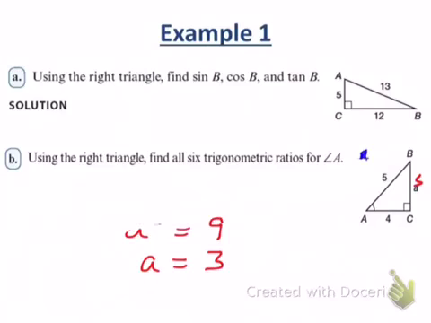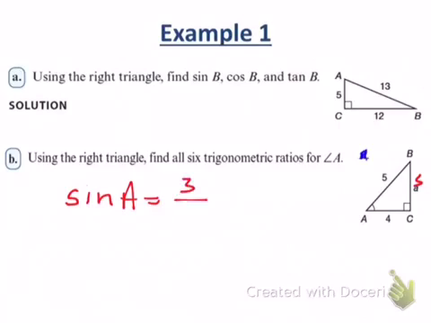Okay, and so we could do sine of the angle A. Sine of A equals what? Sine is opposite over hypotenuse. So which side is opposite A? 3 over 5 is correct. The cosine of A is the adjacent side over hypotenuse, 4 over 5.